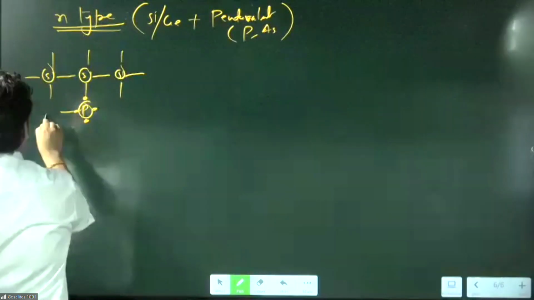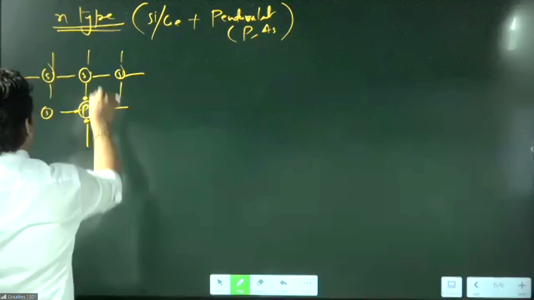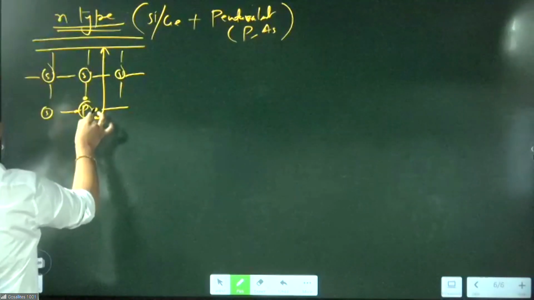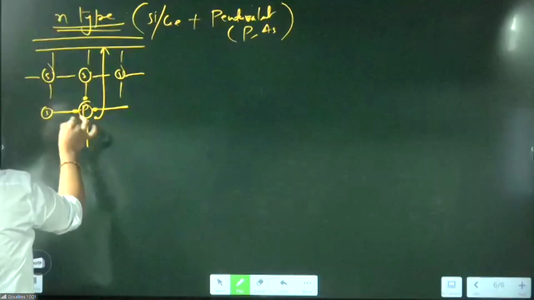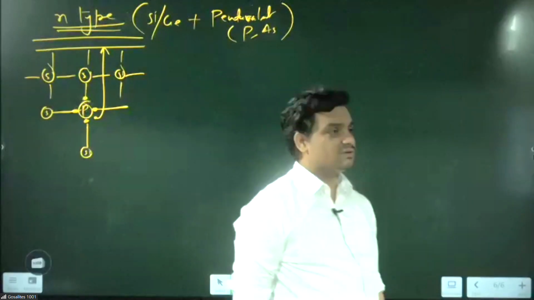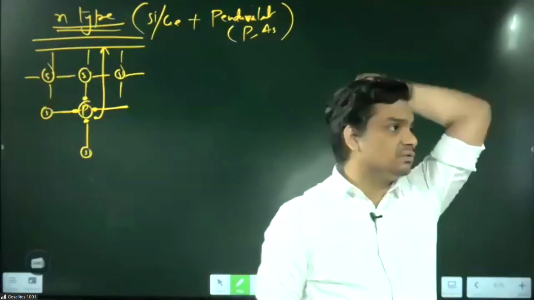Using 4 electrons it will make the bonds, and the 5th electron is donated. The fifth electron says, if you are not making a bond for me, I will go outside.